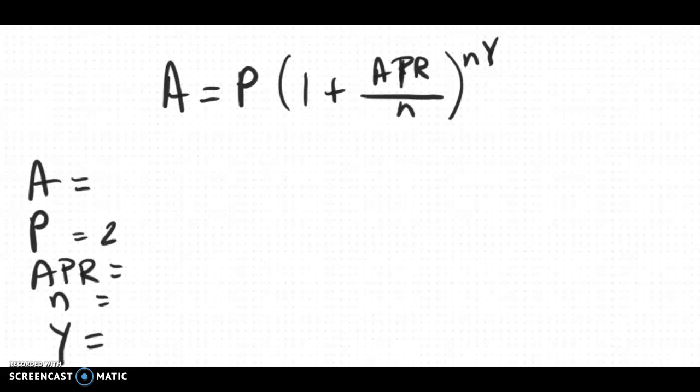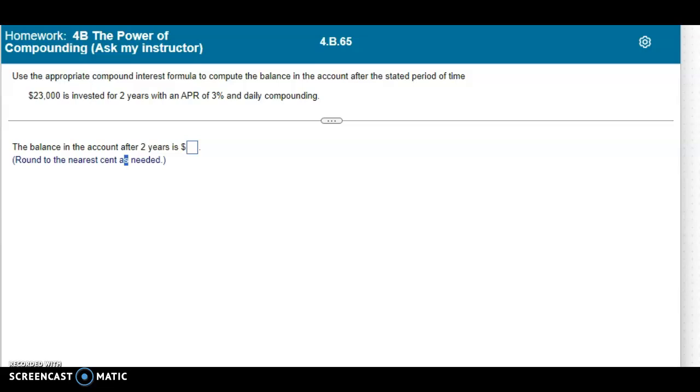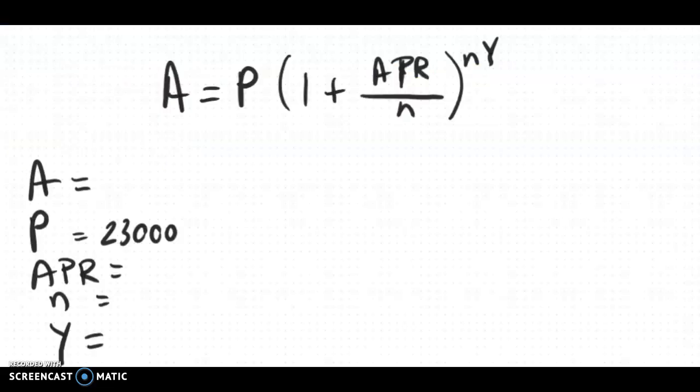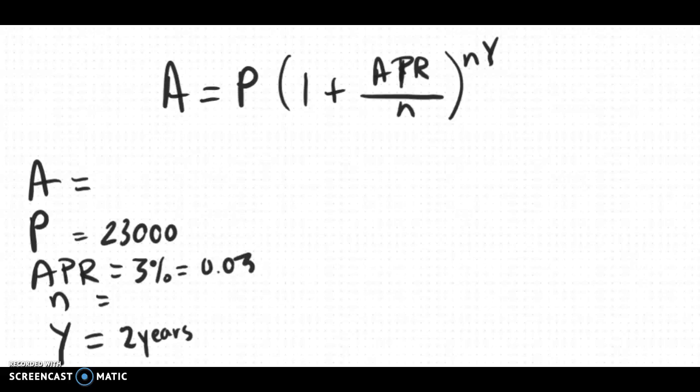So that's going to be my principal. And then it said, for 2 years with an APR of 3% and daily compounding. So 2 years is the time. And it tells us the APR is 3%. But I need to change that to a decimal, so I drop the percent sign and move the decimal 2 places to the left to make it 0.03.